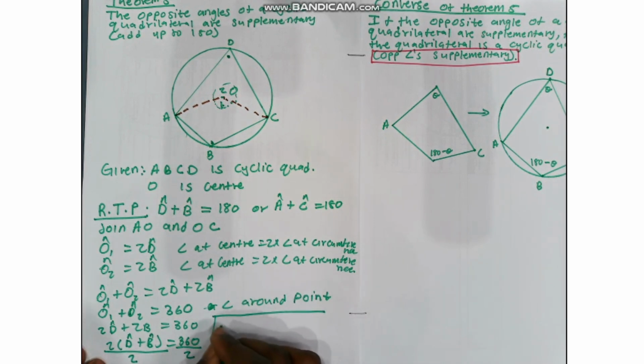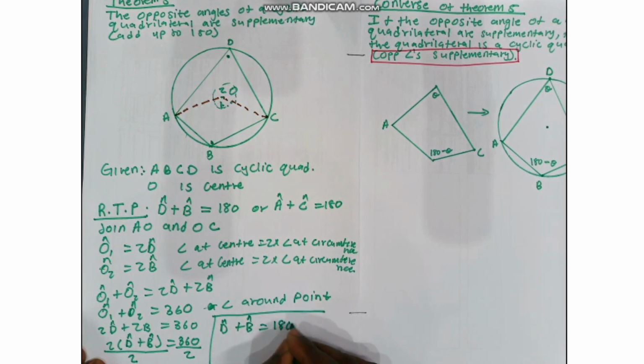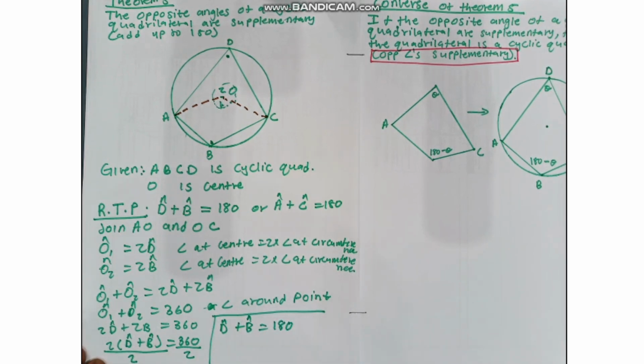Our answer is just D plus B is equal to 180. You need to know how to prove this theorem. You need to know how to prove this theorem.